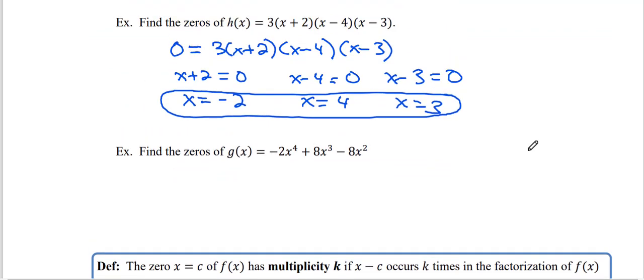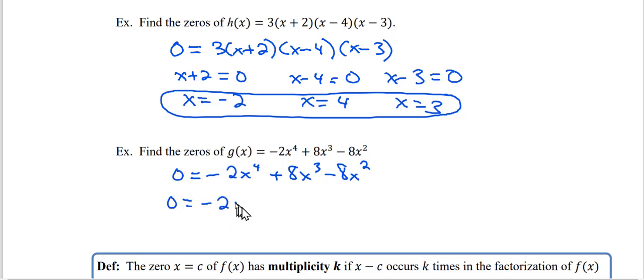This one we have to work a little bit harder because it's not already in factored form. We are still trying to accomplish the same goal, though, of finding out where g(x) is equal to 0. What x values make that true?